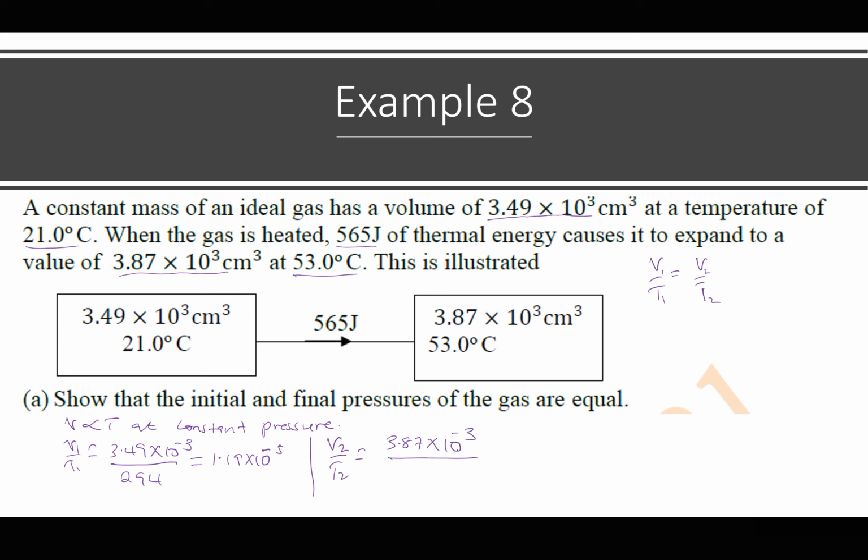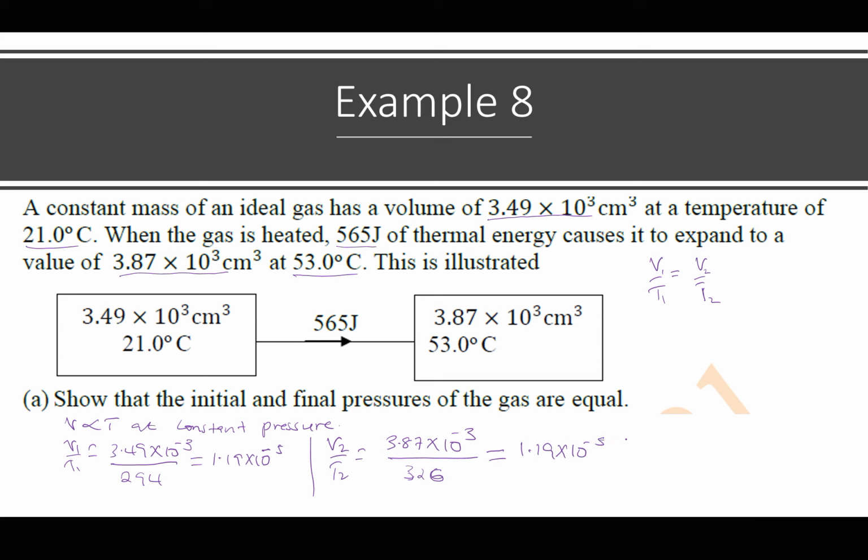Divide by the temperature in Kelvin units, which is 53 plus 273. So divide by 326. So when I divide to three significant figures, I'm getting 1.19 times 10 power negative 5.